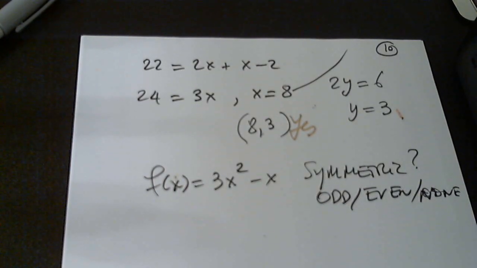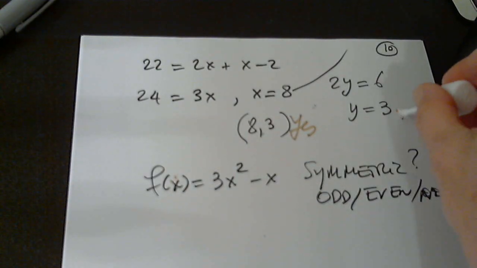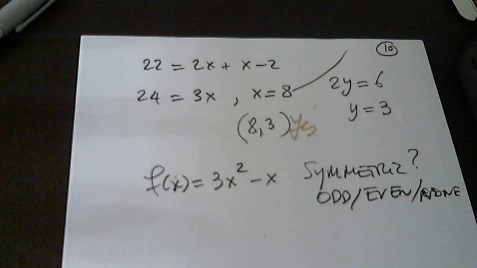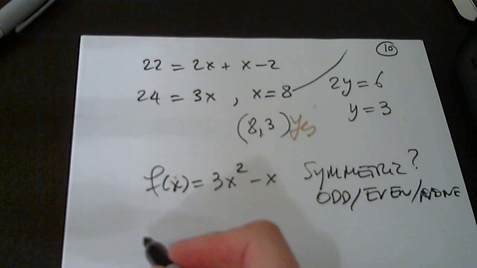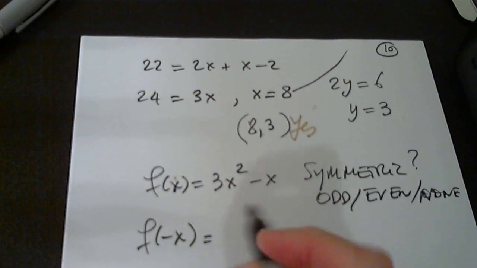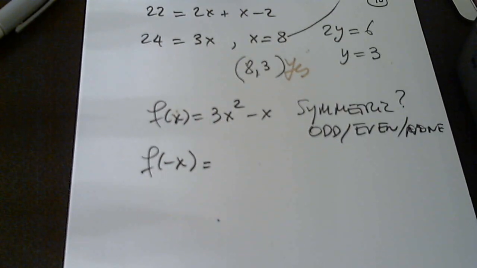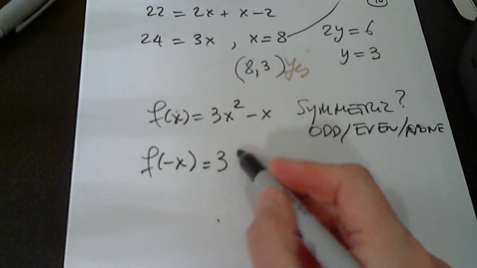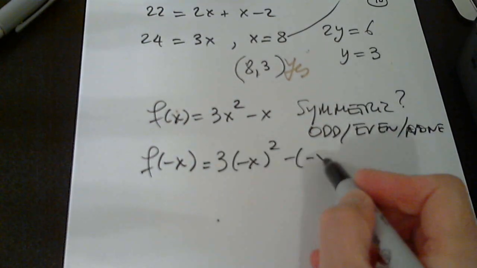Good. So what do we need to calculate? f of negative x, in both situations. Good. So 3 times negative x squared minus negative x.